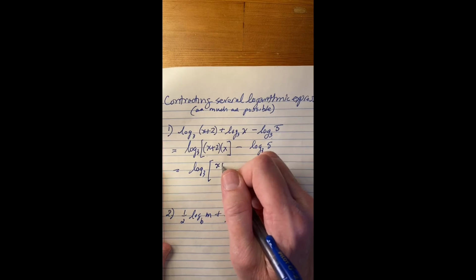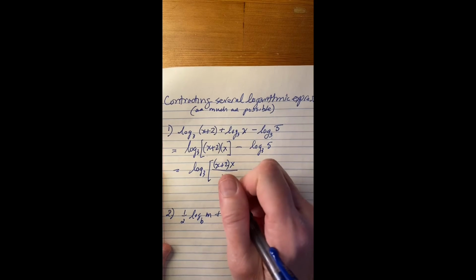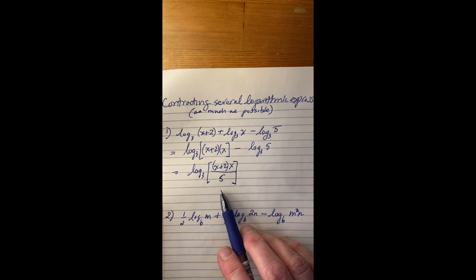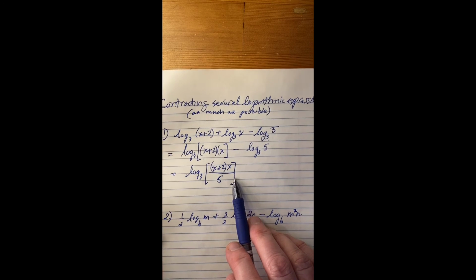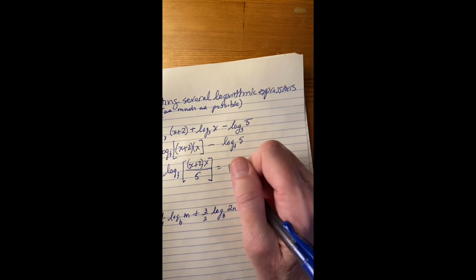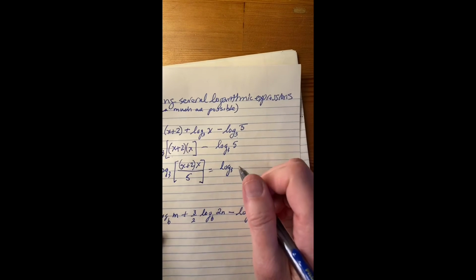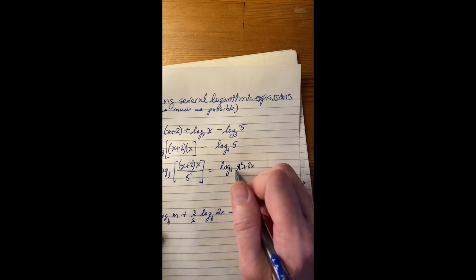It had an x plus 2 multiplied by an x in the numerator, and it must have had a 5 in the denominator. So now we are down to a single logarithmic expression. Nothing floating out front, no coefficients. That's what they wanted. Maybe they would write this as the log base 3 of multiplying that variable through there, x squared plus 2x, all divided by 5.